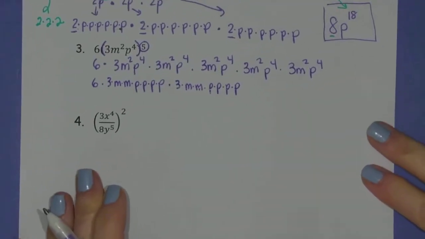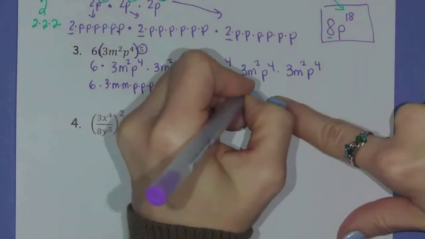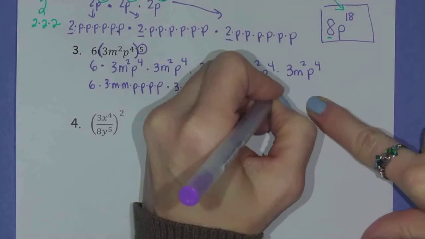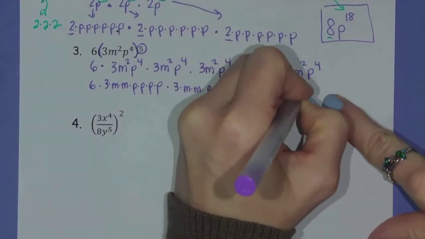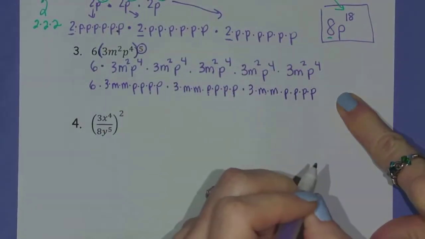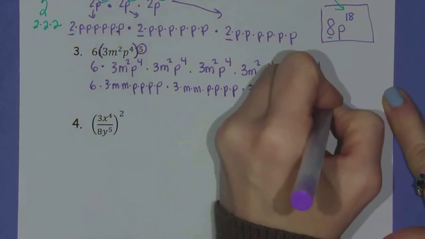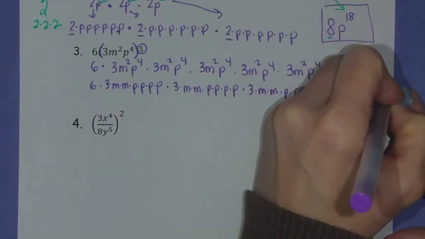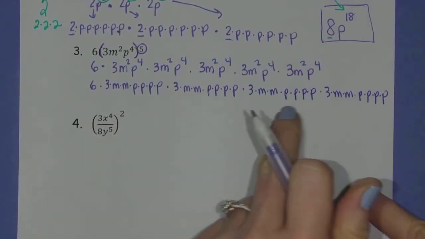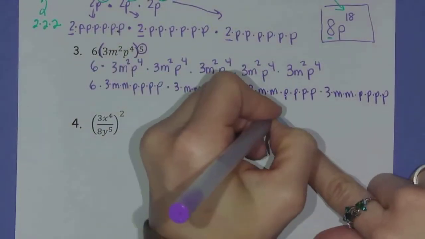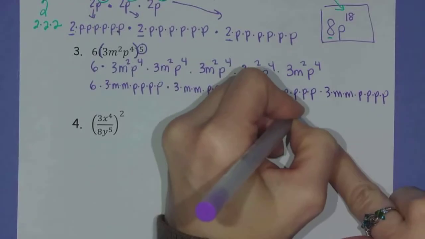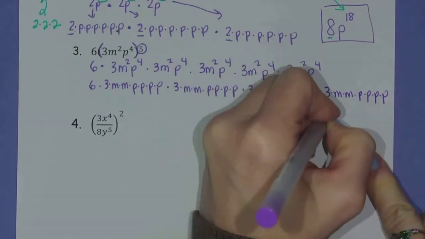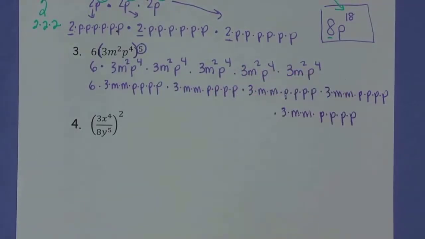And I keep going. 3 more times. 3 times m, and p, p, p, p. 2 more. 3 times m, and p times p times p times p. That's 1, 2, 3, 4, and I've got 1 more to go. I have to come down here a line. 3m, 1, 2, 3, 4. My goodness, that's a lot of writing.